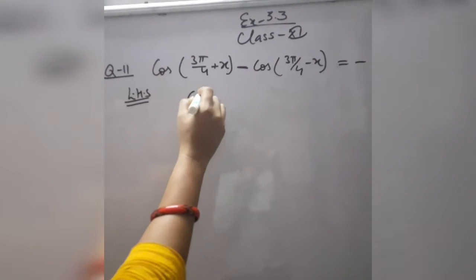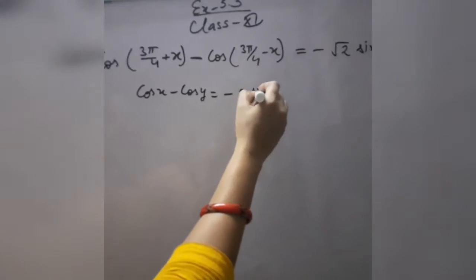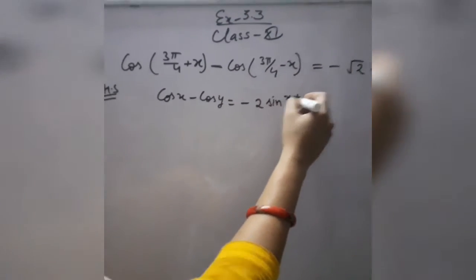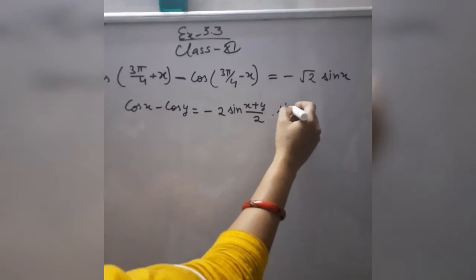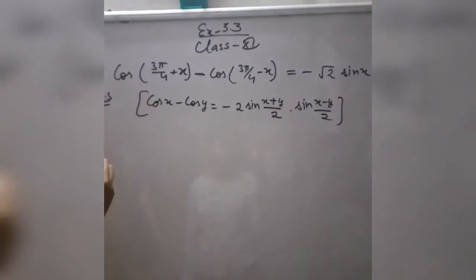You will use cos x minus cos y equals minus 2 sin((x + y)/2) into sin((x − y)/2). We will use this formula here.